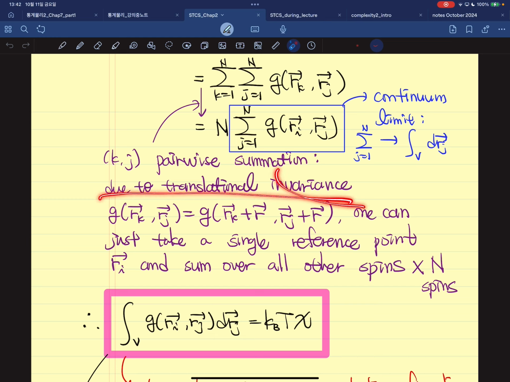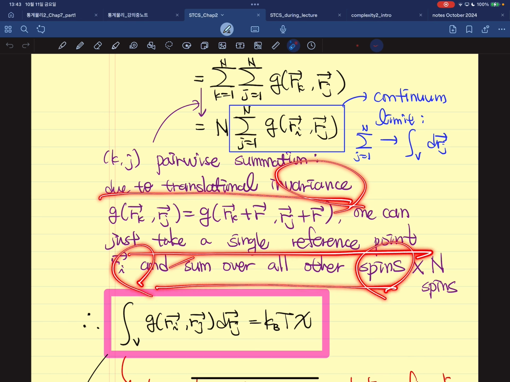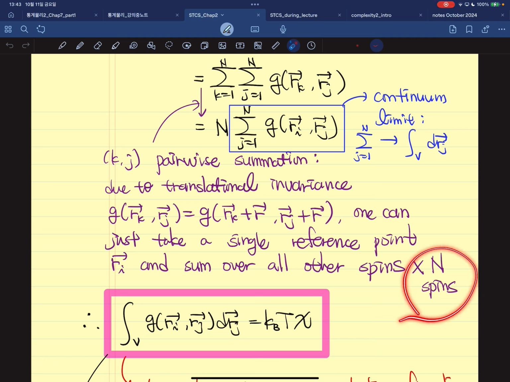Due to this translation invariance, we can just take a single reference point, R_i, and sum over all the other spins and make this N times bigger. So in this case, this would be equivalent to this case.